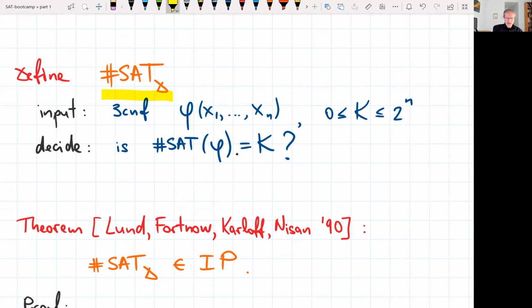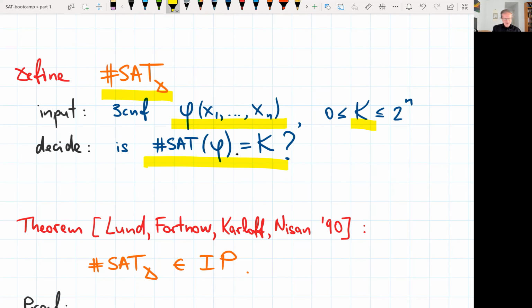As input, you're given two things: a 3CNF formula phi on variables x1 through xn, and the parameter k, an integer number between 0 and 2 to the n, which supposedly is the number of satisfying assignments of the formula phi. And you need to decide if it is indeed the case that phi has k satisfying assignments.